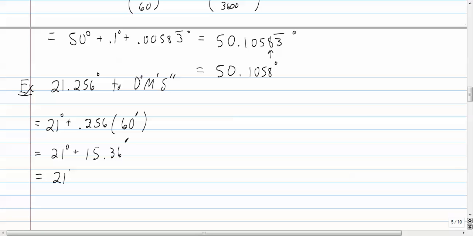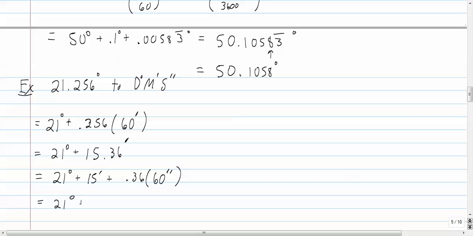So this is 21 degrees plus 15 minutes plus, we're going to take this decimal part that is minutes, and we're going to convert it over to seconds. The way we do that is multiply that times 60 seconds. That's going to give us how many seconds we have in the 0.36 part.